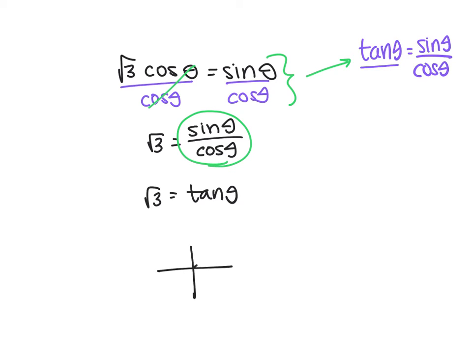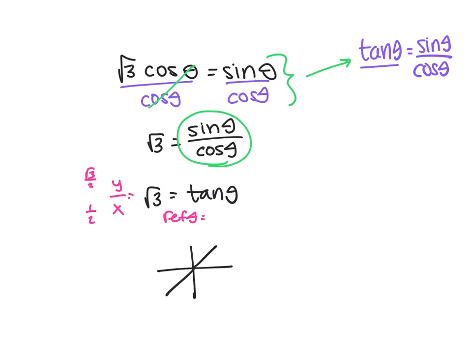Tangent is positive in the first quadrant and third quadrant. We need our reference angle, and these are the ones that are a little harder to find. If we know y over x is equal to root 3, that happens when you do root 3 over 2 divided by 1/2.